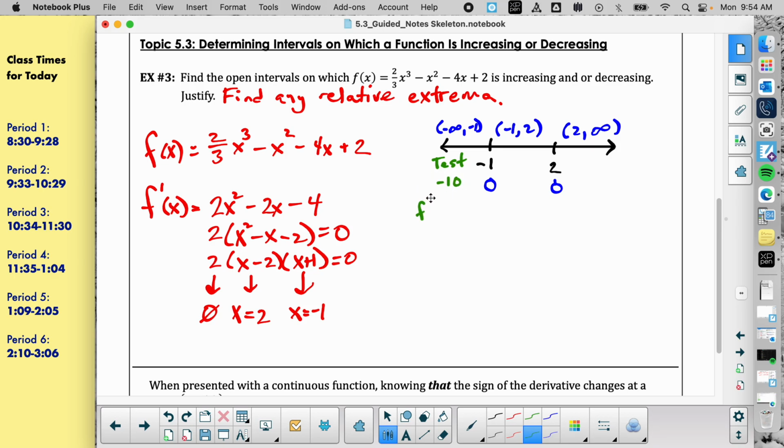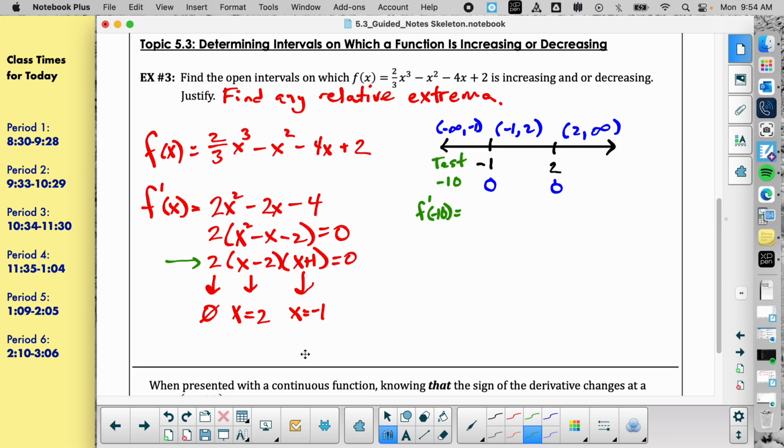So f prime of -10, is it positive or negative? That's all we care about. We don't actually care about the number. We're just trying to figure out if it's positive or negative. I'm not even going to plug it in the original derivative. I'm going to plug it in the factored derivative.